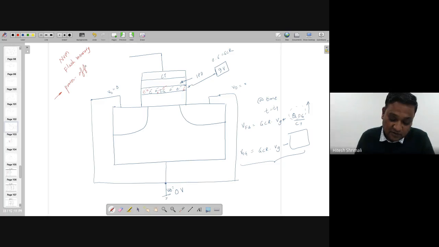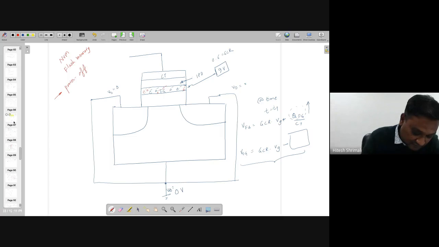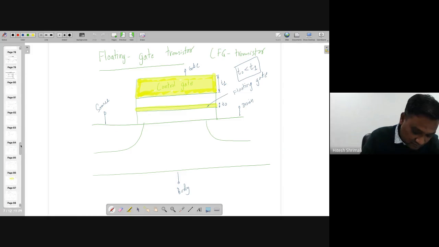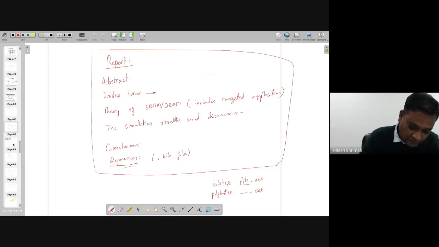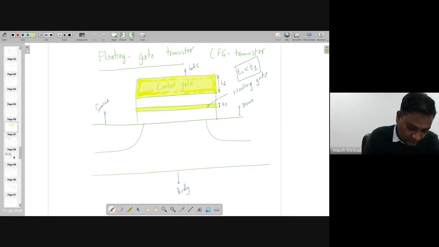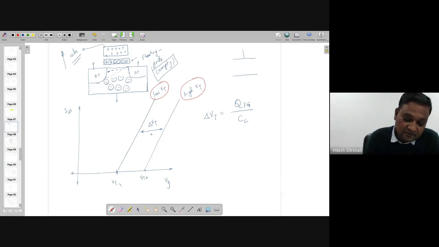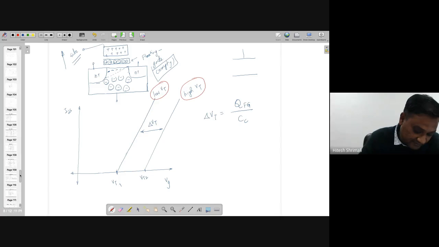If you remember the time when we started, we understood two things very well: when this place is empty, it's acting as a low VT, and when this place is filled up, it's a high VT, right?